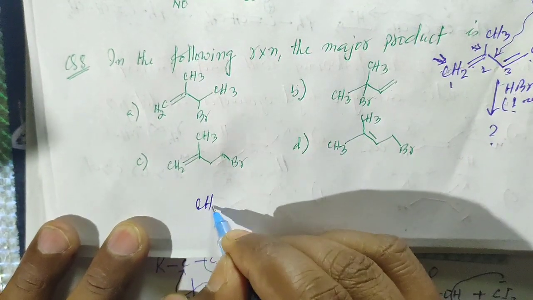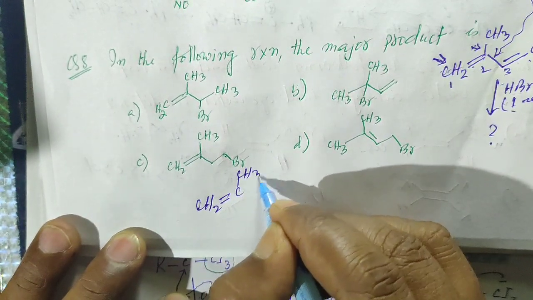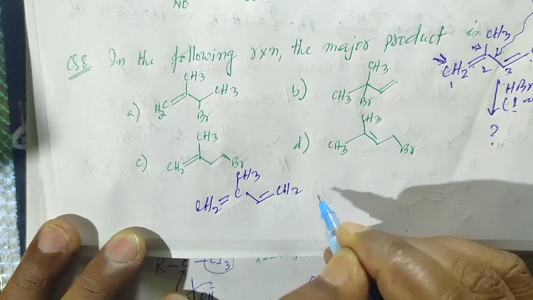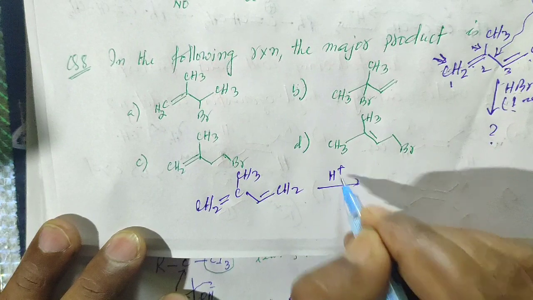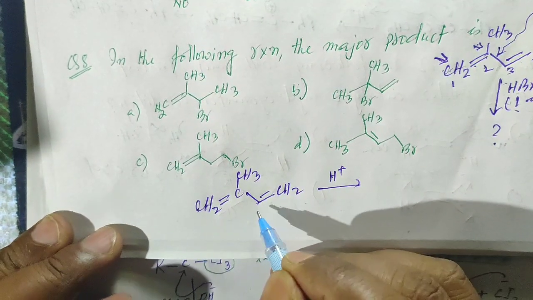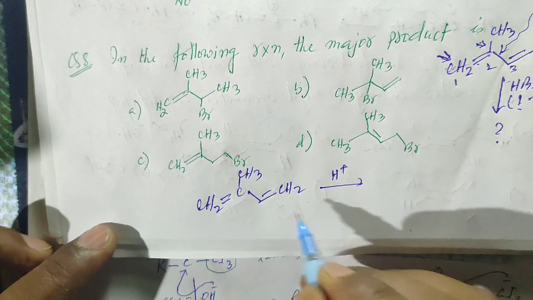Okay, let me do the reaction here. This is our CH2 double bond CH3, this is double bond, this is our CH2. When H plus is added, H plus will be added first because this is alkene which has excess of electrons, therefore the electrophile will be added first.